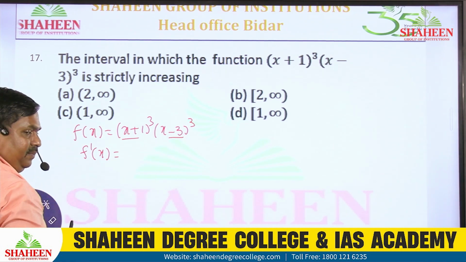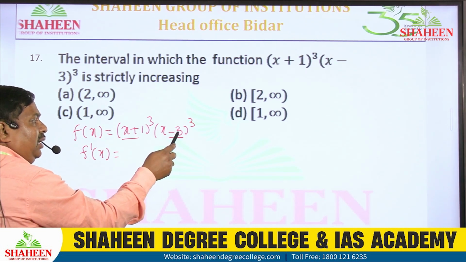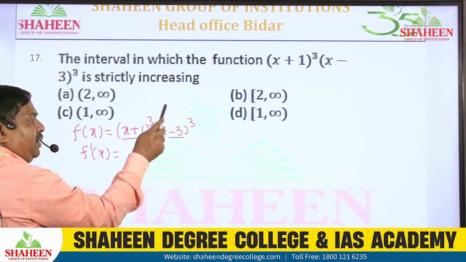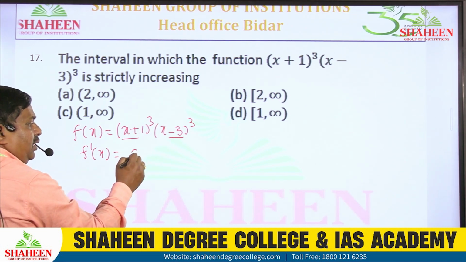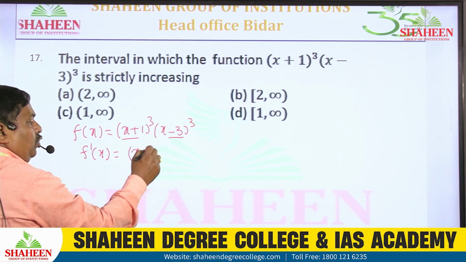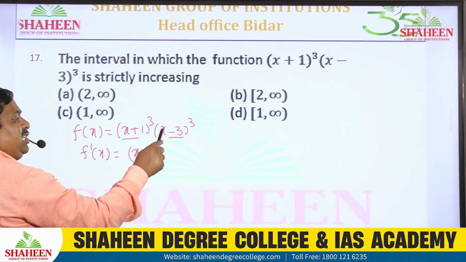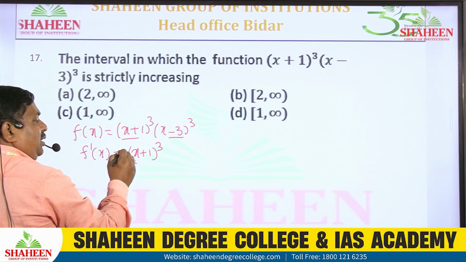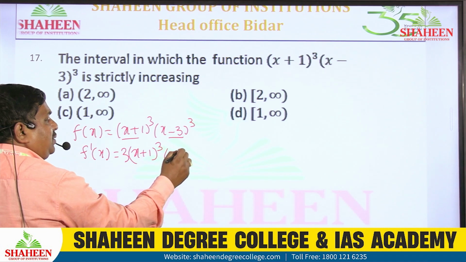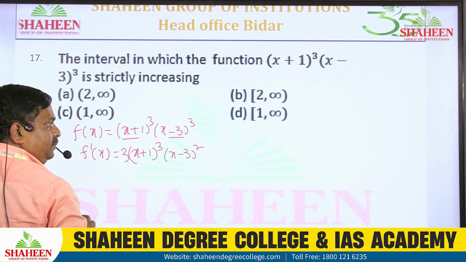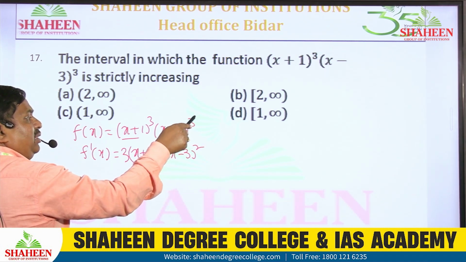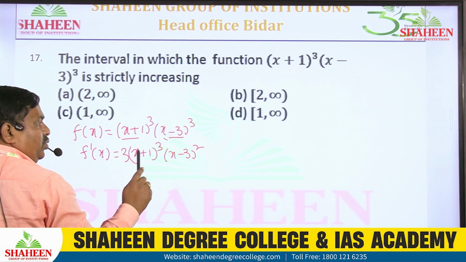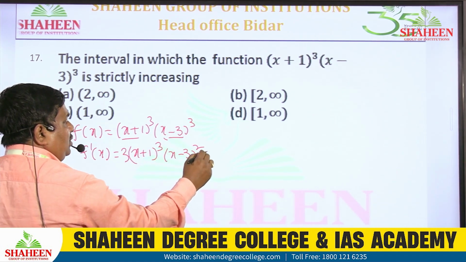This is in the form of u into v. The derivative of u into v is u dv by dx plus v du by dx. x plus 1 whole cube I am writing as it is. x minus 3 whole cube, power 3, derivative is 3 into x minus 3 whole square, and x minus 3 derivative is 1.